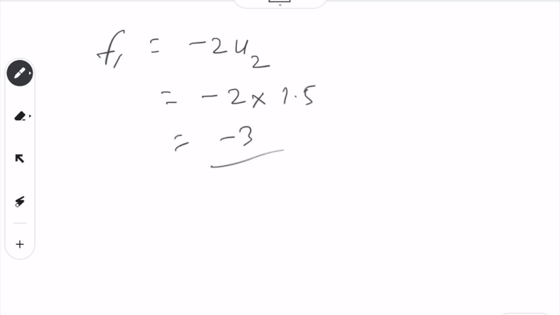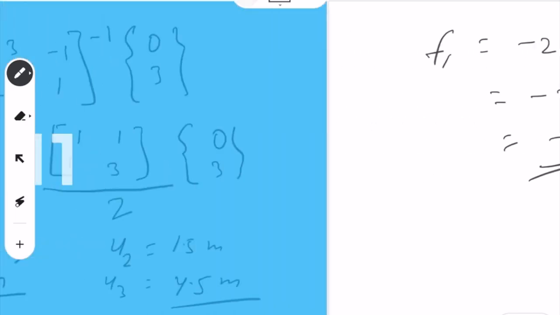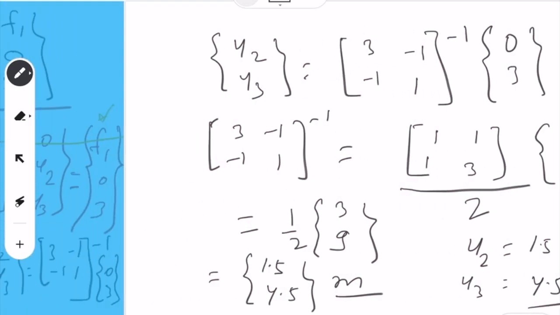What you see is F1 equal to minus 3 Newton, and you should get F1 equal to minus 3 if your answers are correct. Why?